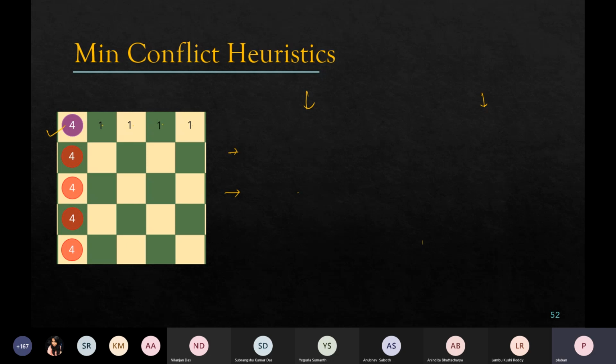So our objective is to place the queens in every column so that they are not attacking each other, right, Nilanjan? Yes, sir. Now we start with a complete assignment, placing the queens in every row of the first column.